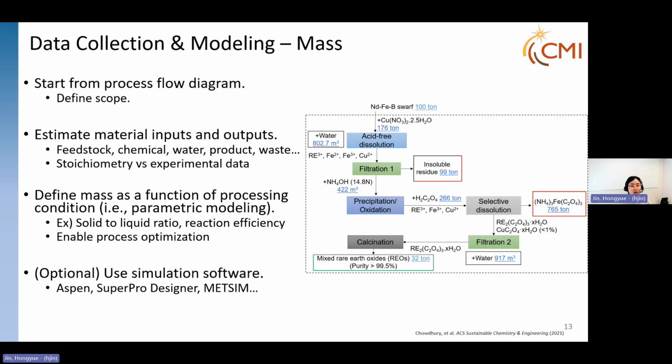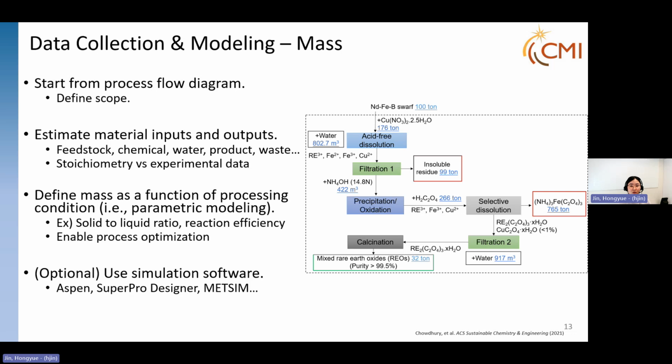And then we want to define the mass as a function of processing condition. So this is called parametric modeling, parametric TEA, parametric LCA. One example is the solid to liquid ratio. Is there some equation that can link the amount of copper nitrate required according to the initial feedstock amount?